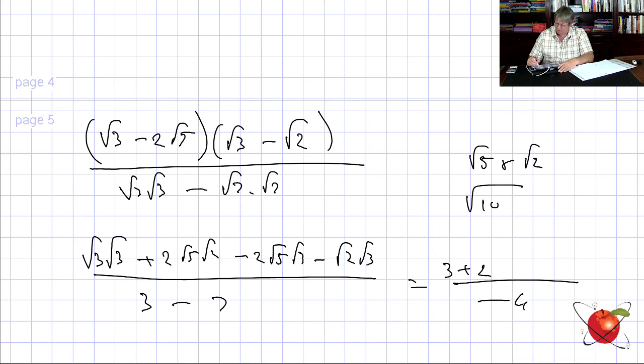Which is 2 root 10, right? Minus 2 root 15, and root 2 times root 3 is minus root 6. So you can end up with a completely weird thing on top. Unusual, because they want you to cancel stuff out. But please remember, it can happen. It's not a given that it can't.